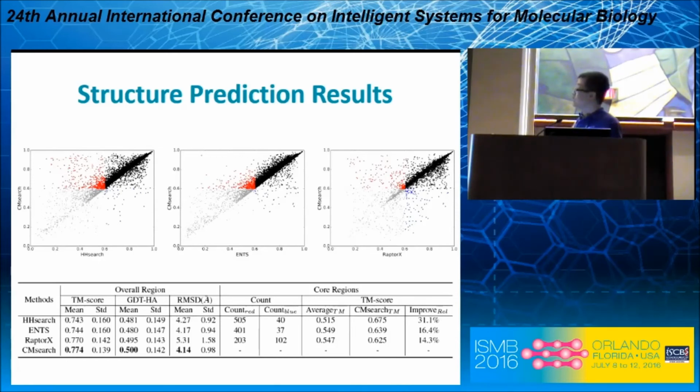The interesting parts are the red and blue parts. Red means that the existing method failed to generate any good model in the top 10 models, whereas CMsearch rescued this target by generating at least one good model among the top 10. And blue means that CMsearch failed, whereas the existing method succeeded.